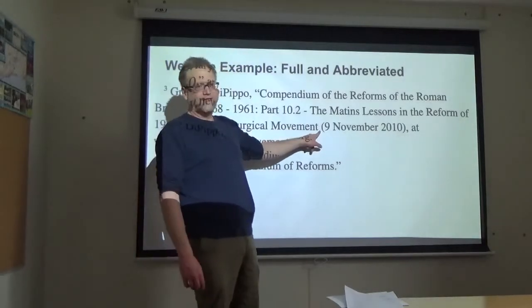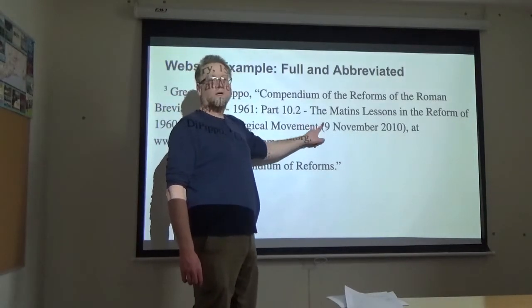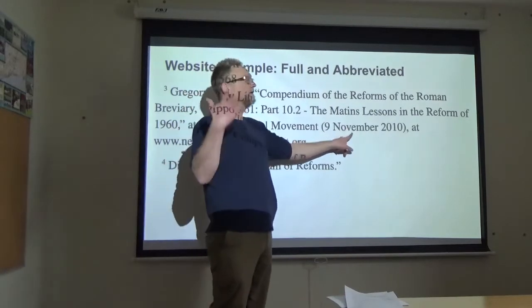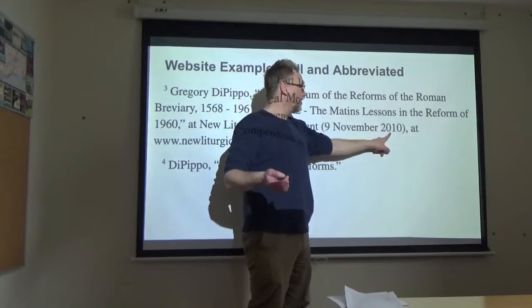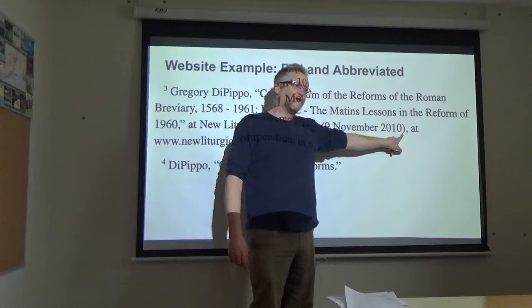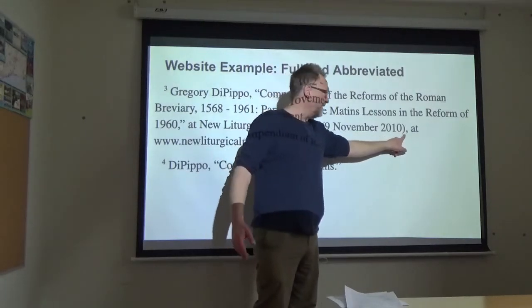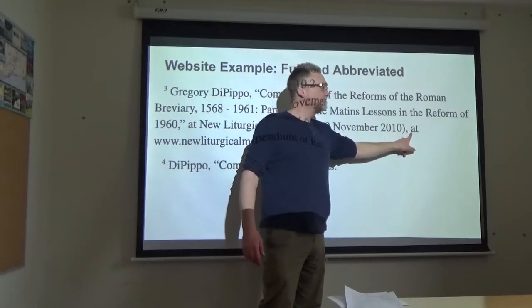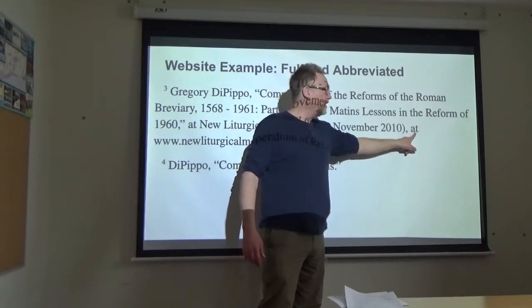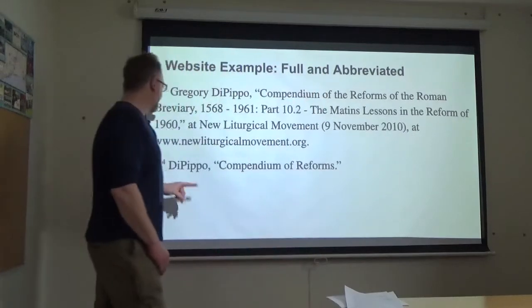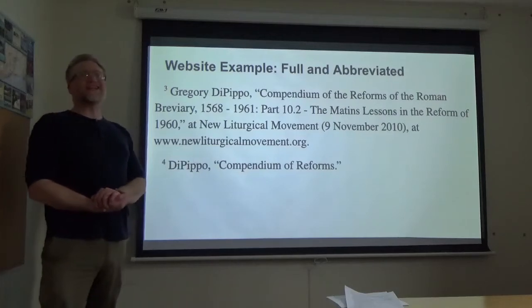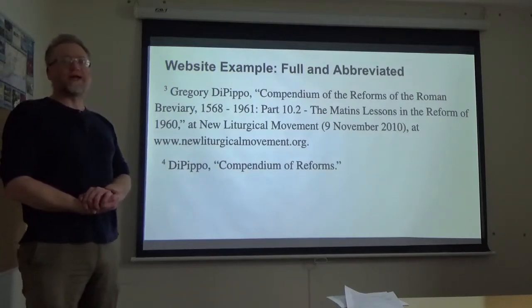Space. And then you have open parentheses, then the date: day, month, year. Very good. And then what do you have? Close parentheses, then what? Comma. Then space. Then you have at, and then you have the root URL.